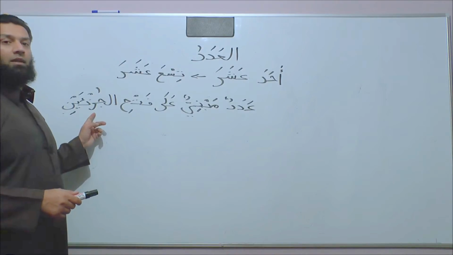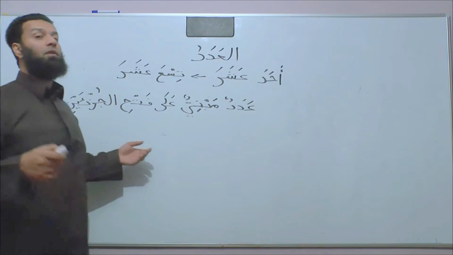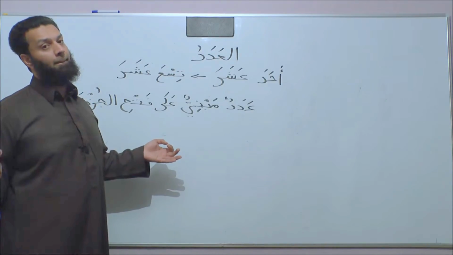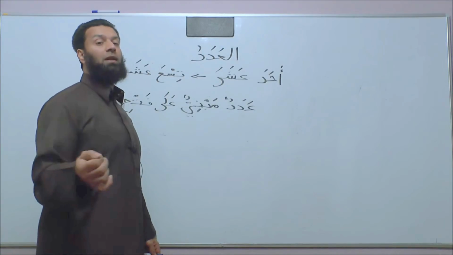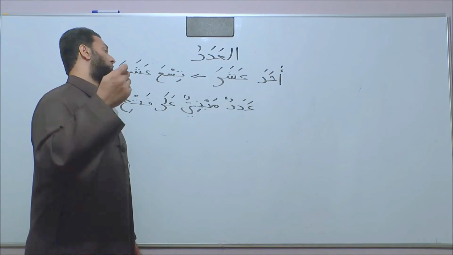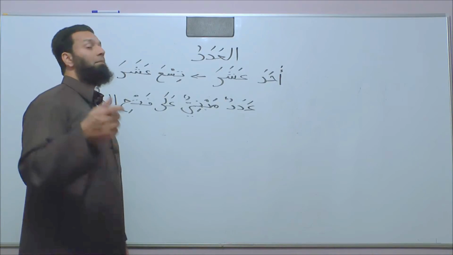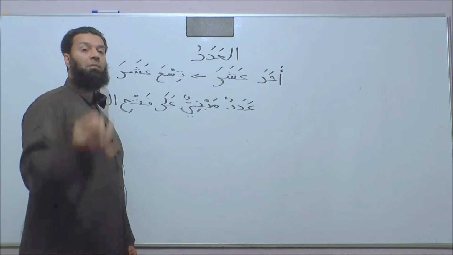This is in the majrurun state. If it was in the marfu'un state, it would be juz'ani. We encounter that word juz'un all the time, don't we? What do we call the 30th part of Al-Quran? Juz'amma. We call the 29th Juz'u Tabarak.